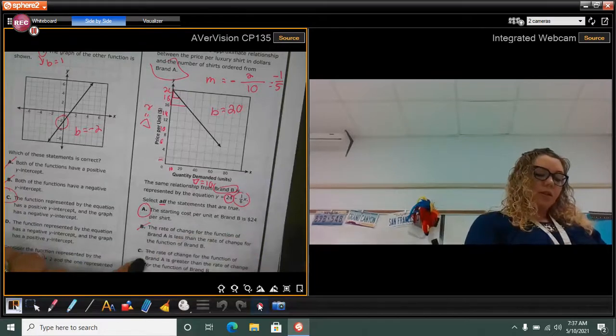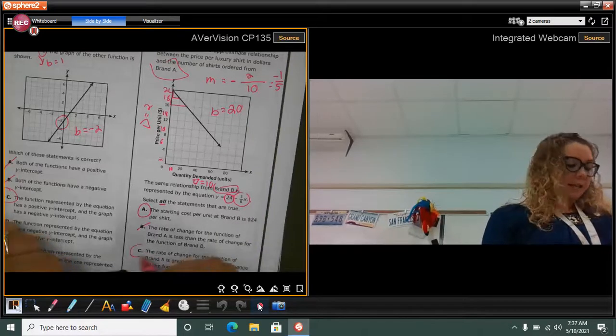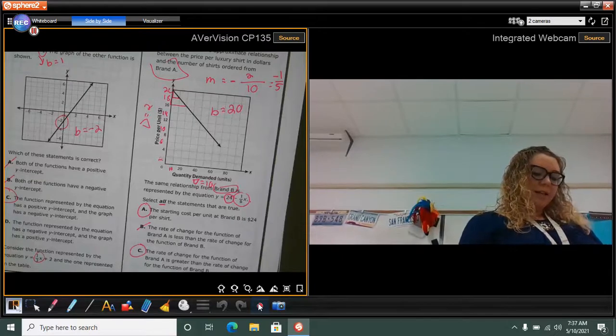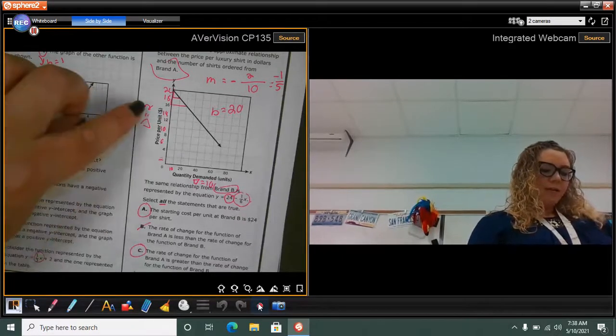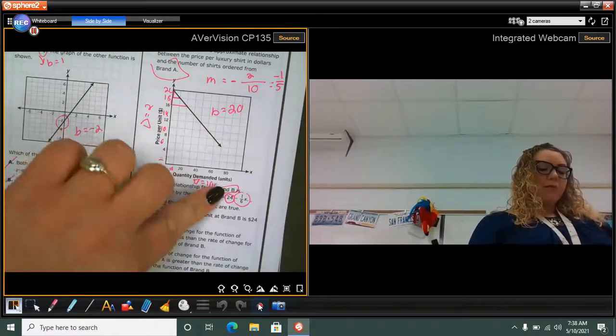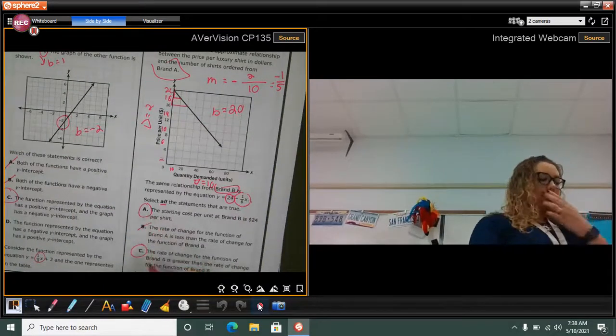No, it's greater than. The rate of change for brand A is greater than brand B? Yes. D, the slope of the function of brand A is negative 10? Nope. The y-intercept for brand A, so 20, is greater than brand B? No, because brand B is 24. So my answer for this one is just A and C.